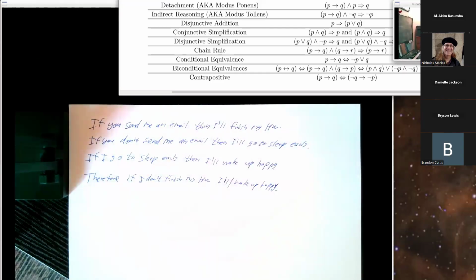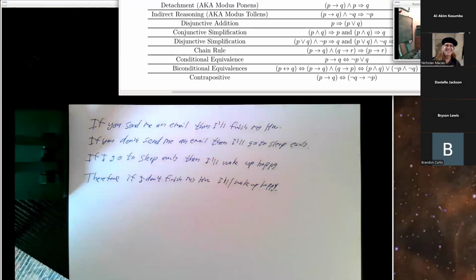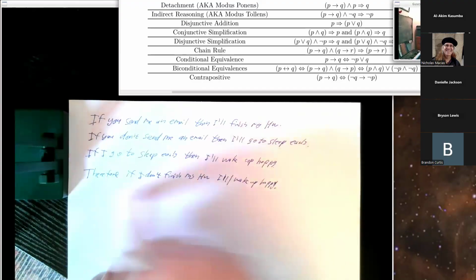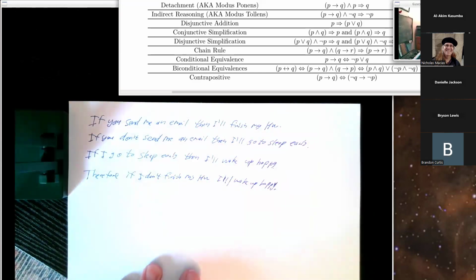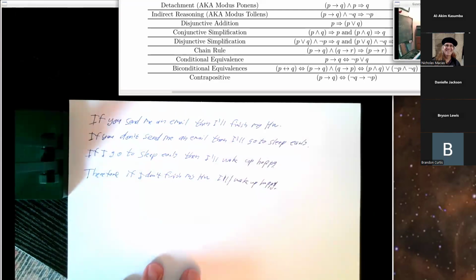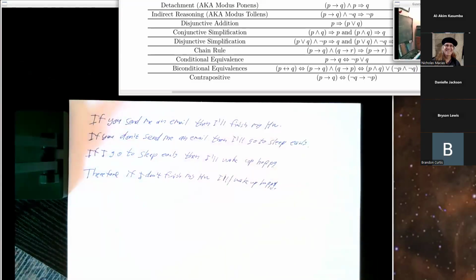All right, so there's four propositions, and the claim is that these first three imply that. So we're going to assume these first three things are true. If you send me an email, I'll finish my homework. If you don't send me an email, I'll go to sleep early. If I go to sleep early, I'll wake up happy. Therefore, if I don't finish my homework, I'll wake up happy. We claim that that follows from the first three.